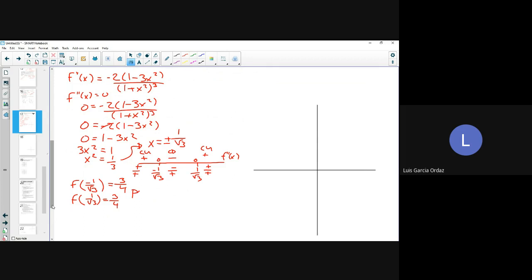So my points of inflection are going to be at (-1 over root 3, 3 over 4) and (1 over root 3, 3 over 4). So I have my -1 over here. I have my 1 over here. Sorry, I should draw them closer to 0. So I got -1 and 1.